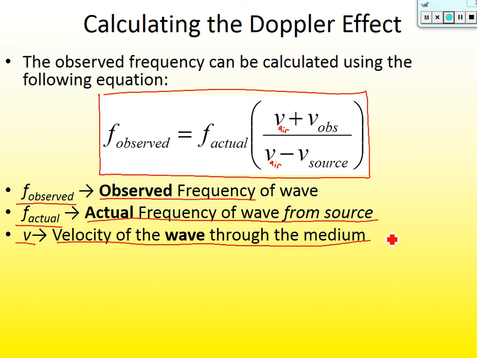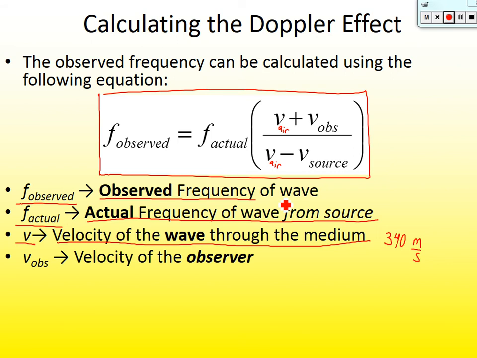If you will make this note, 340 meters per second is how fast sound goes through air. Now this can change. It can be a little bit different than 340, but that's a pretty good approximation on an average day. It changes based on temperature and a lot of other factors. So around 340 is what it's going to be. So all you're going to do is plug in 340 right here and on the bottom.